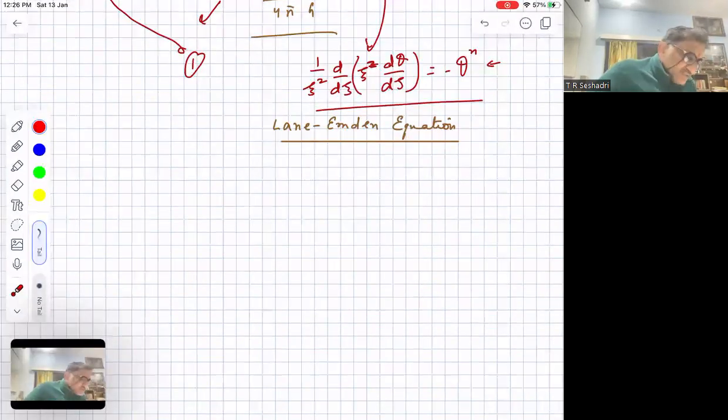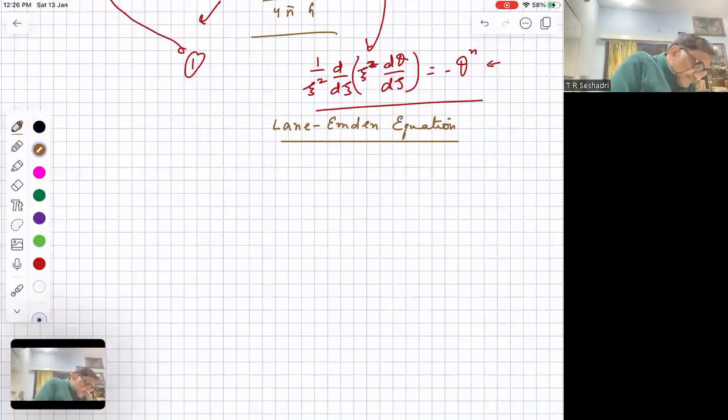Before I proceed with solutions of this one, let us see what is so special about this equation. What we have shown is, suppose I have two stars, both with the same polytropic index n. One star has central density rho c1 and another star has central density rho c2.